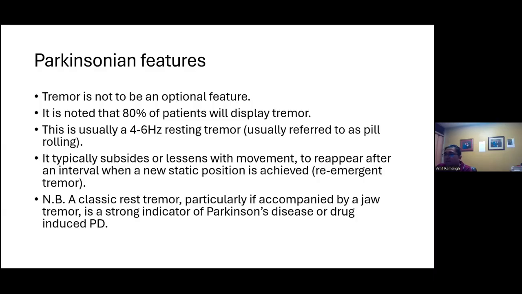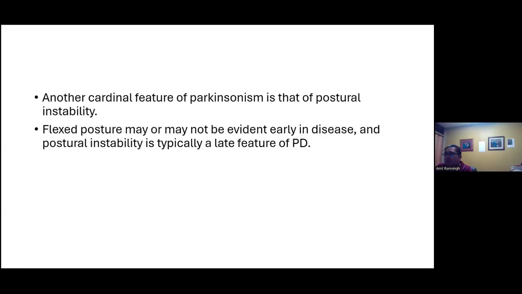It typically subsides or lessens with movement, only to reappear again after an interval when a new static position is achieved. And they call that a re-emergent tremor. The classic rest tremor, particularly if accompanied by a jaw tremor, is a strong indicator of Parkinson's disease or drug-induced Parkinsonism.